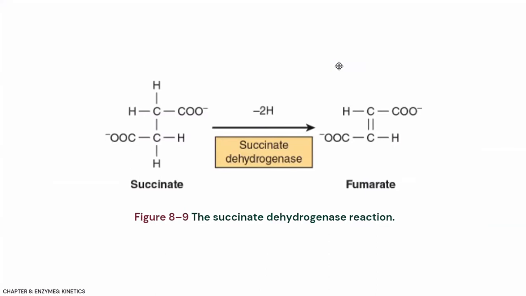Now here you are. You can see that succinate has 4 carbons. 1, 2, 3, 4. So you remove this hydrogen and this hydrogen, and you have fumarate as a result. But with malonate, you do not have this.